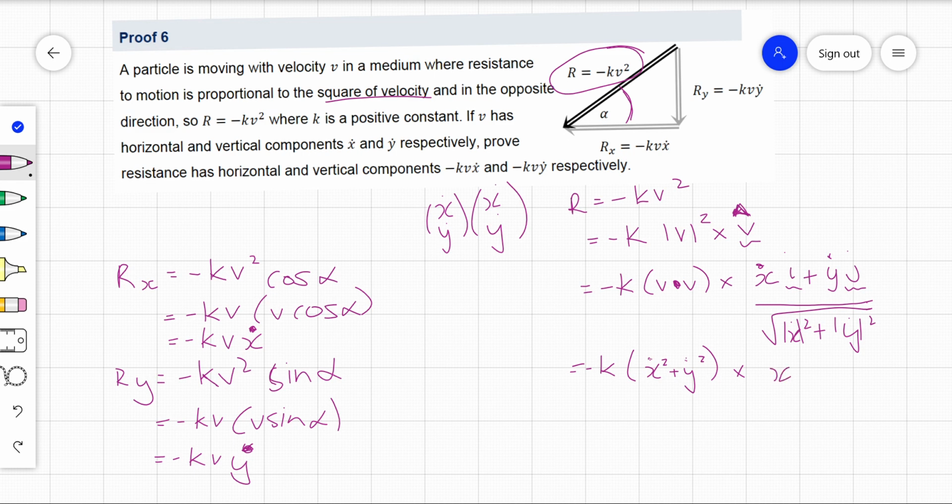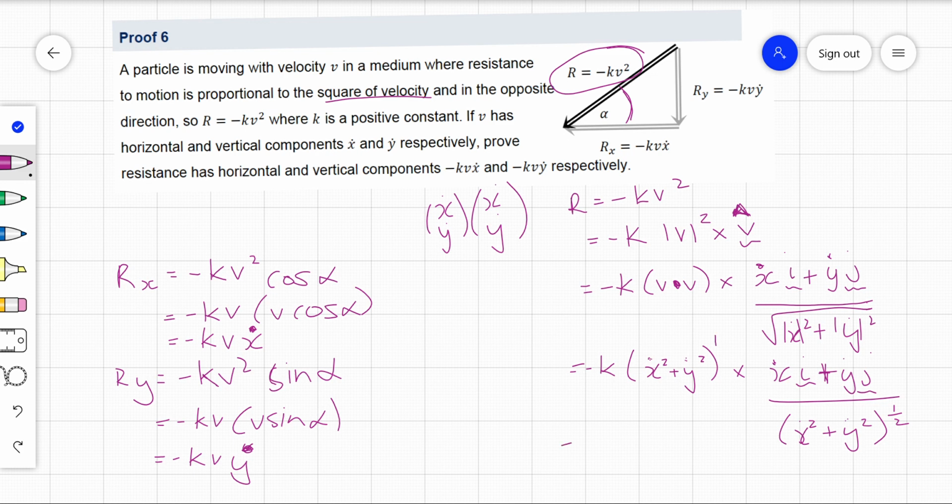Now we've got x dot i plus y dot j. And here, this is x dot squared as well, and y dot squared, but it's in a square root, so it's to the power of a half. And this is to the power of 1.